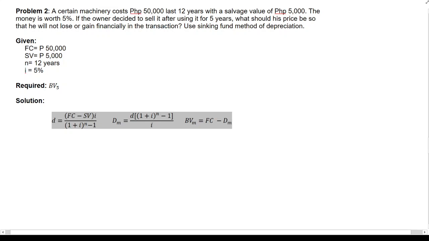The money is worth 5%, so that is your interest rate, I. So if the owner decided to sell it after using it for 5 years, that is the book value after 5 years, what should his price be so that he will not lose or gain financially in the transaction? Use sinking fund method of depreciation.